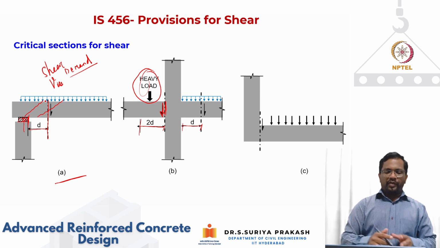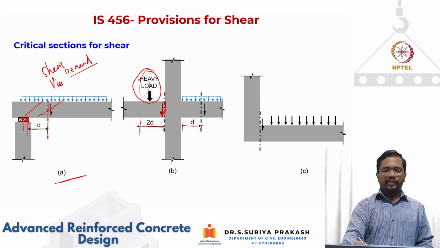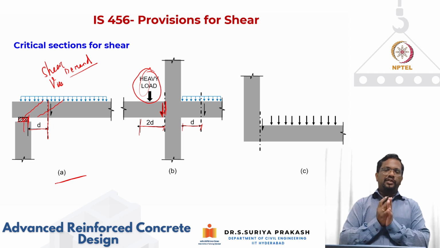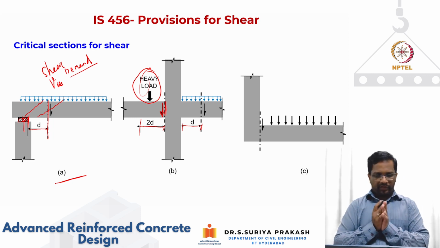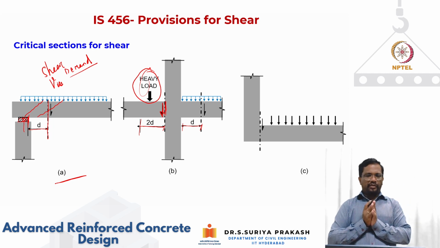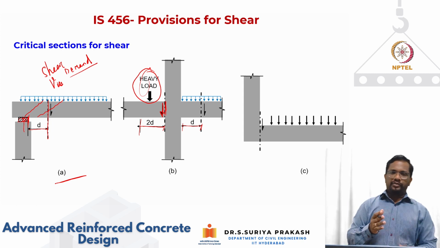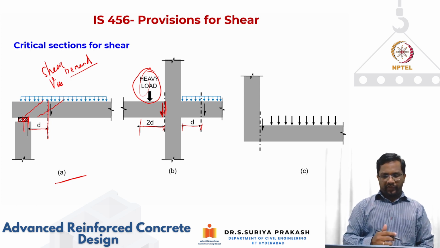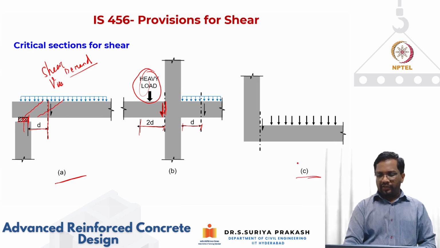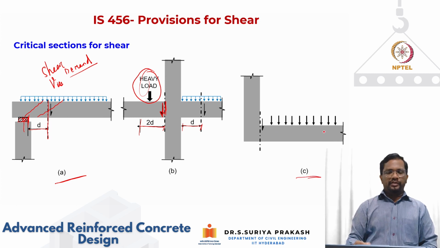Okay, but we cannot consider this beneficial effect if you have a heavy load that is coming within the distance 2d from the face of the column. Then you have to calculate your shear demand only at the face of the support. Right. So this is also another scenario when you have suspended beams like this.